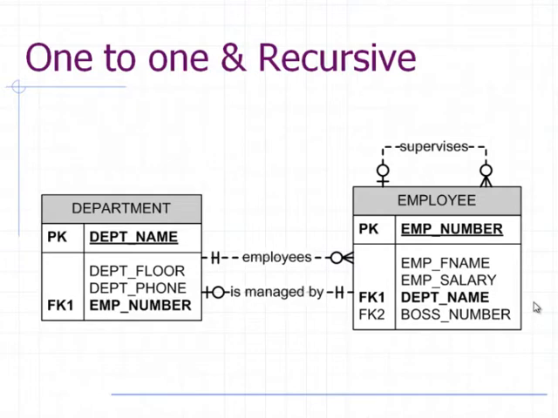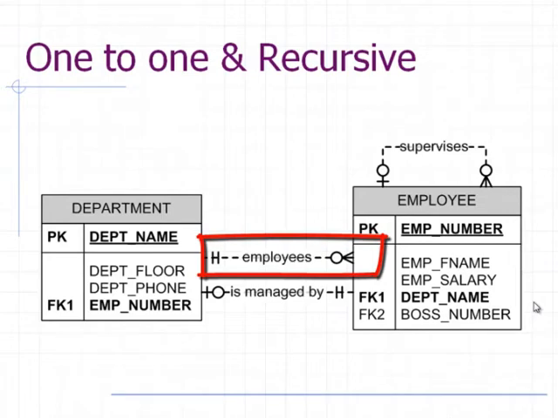Interestingly, these two tables include not one relationship but three relationships. First, each table, what is the primary key? Department table has its own primary key, department name, and the employee table has its employee number as its primary key.